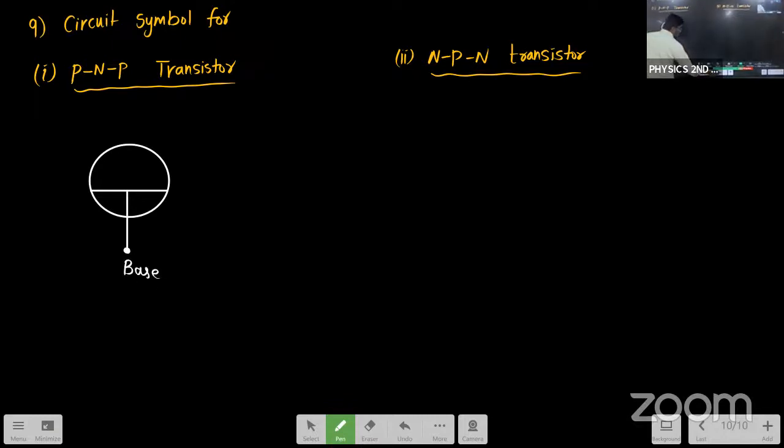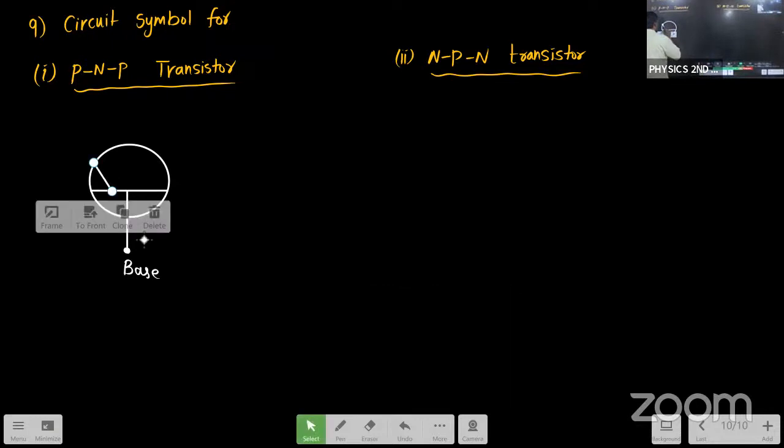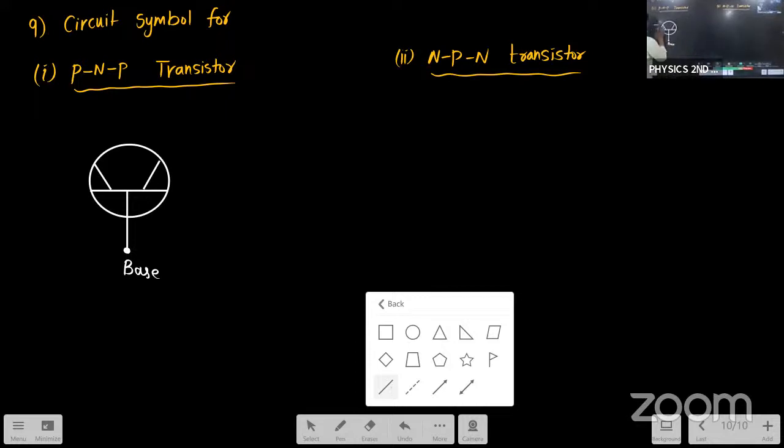And we'll have one more terminal. From here I will be drawing one terminal. From here, we will have the other 2 terminals.